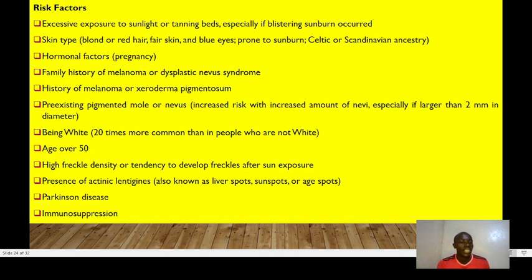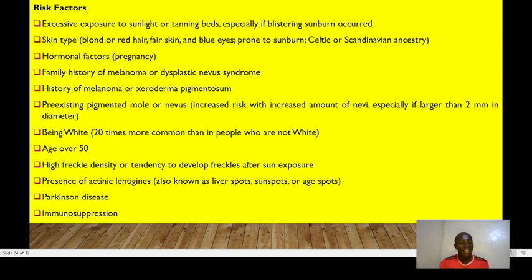In fact, being white, you find that someone is 20 times more likely to develop melanoma. Age is also a factor. When you have age over 50, the risk increases.